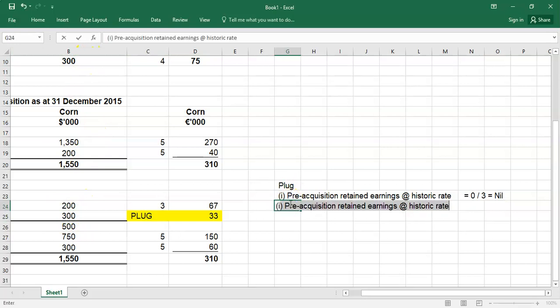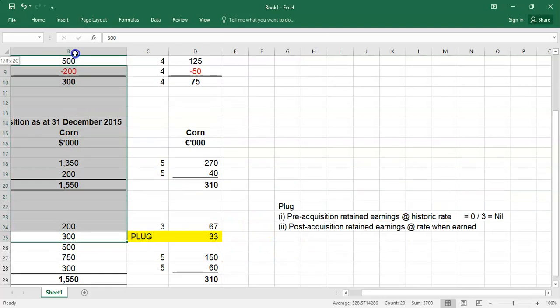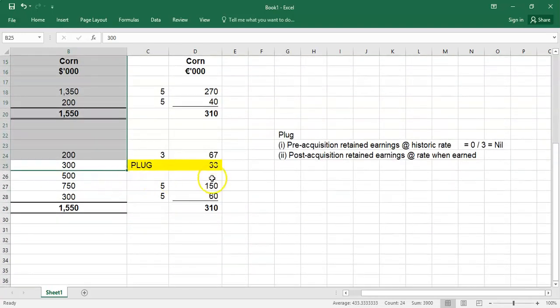The second thing that's in there is post-acquisition retained earnings at rate when earned. So anything that's post-acquisition, you will convert them at the rate when earned. What we mean by that is you convert it at the average rate for that year. Now it's simple here because we only had 1 year retained earnings post-acquisition, and that means we only had one average.